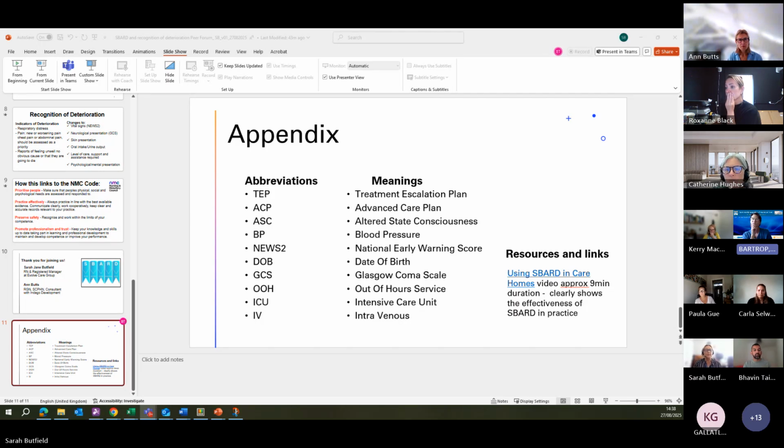And when we talk through coming to a decision that is mutually agreed, I've had quite a lot of feedback. The care staff don't feel confident, obviously, to say, I think it's this, I think it's that, if they're not a registrant. And I find that a little bit difficult to guide them through. I don't know what other people's thoughts are around that.